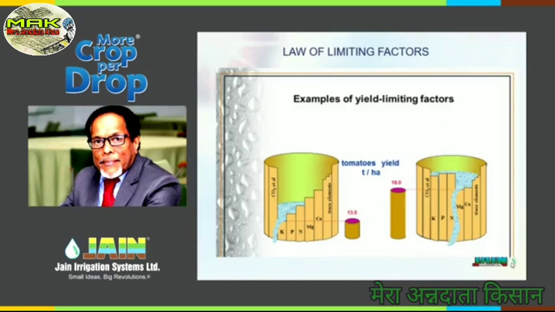This may be due to the hidden hunger of any one element, either primary, secondary, or even micronutrients, which became limited because of its absence throughout the crop's life or part of the crop's life.